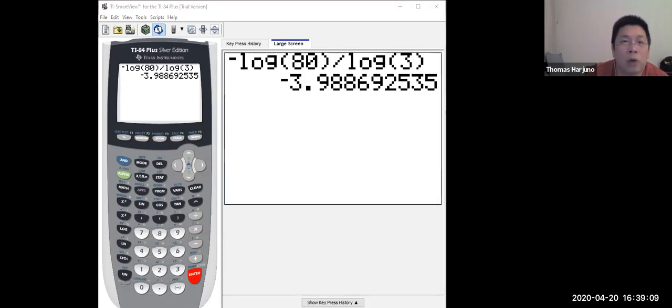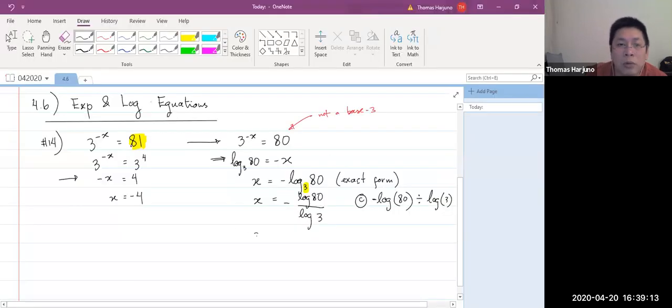Let me go back to our notes. That is equal to x equals negative 3.98869. Now, this is what we call approximate form.